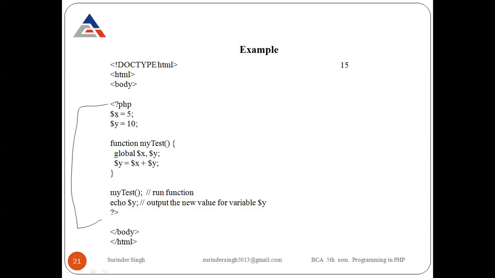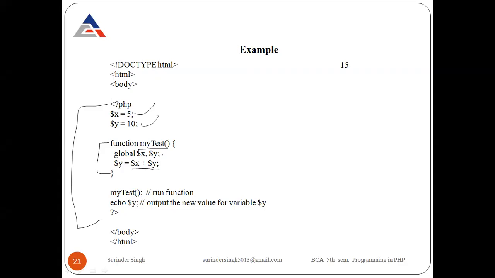This is a PHP code, and here is the function, my test function, and these are the global variables X and Y, and we are using them in the function.